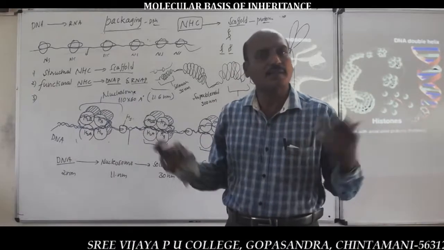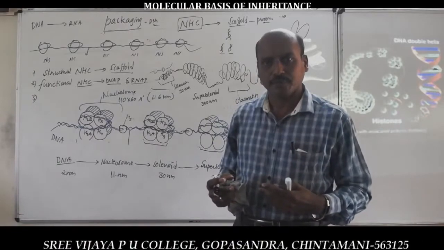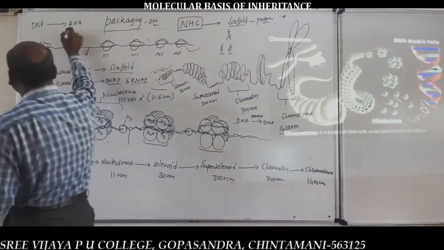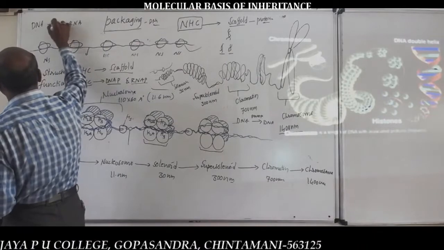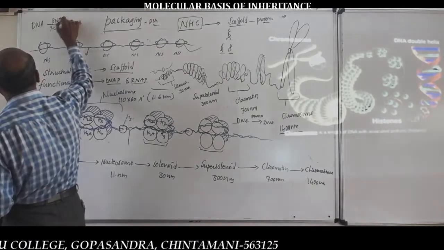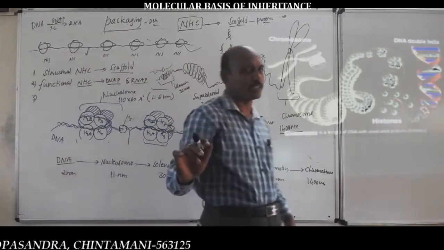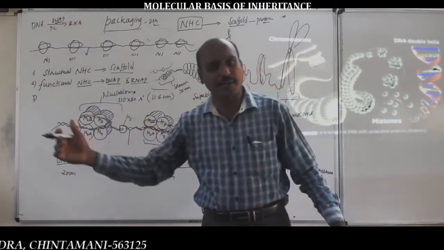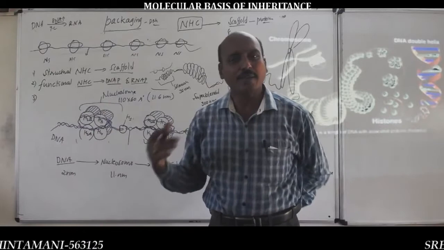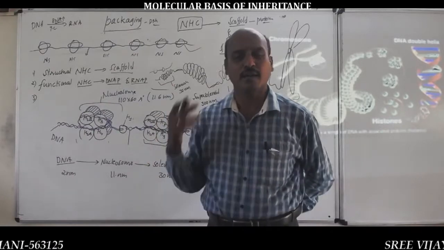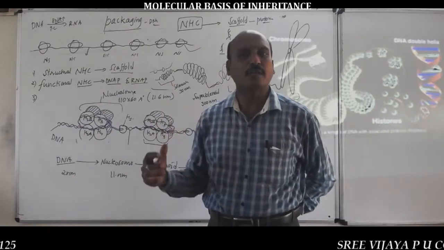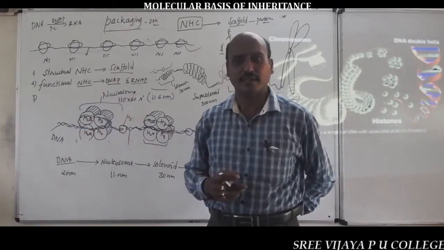That procedure is called transcription, the formation of RNA from DNA. It takes place in the presence of RNAP. RNA polymerase first is responsible for rRNA, RNA polymerase second helps in formation of mRNA, and RNA polymerase third helps in formation of tRNA.